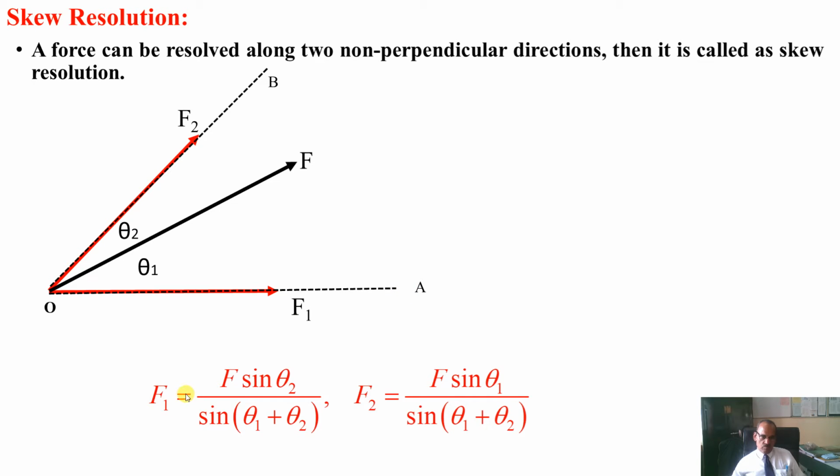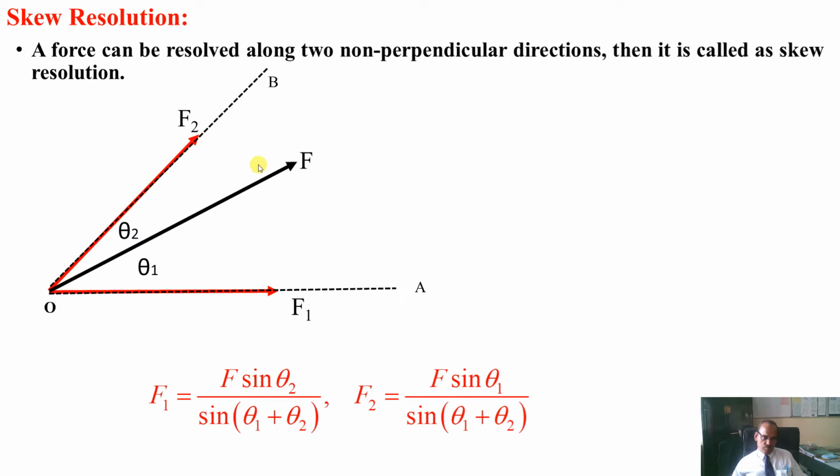So we'll write it like this: F1 will be equal to F, the magnitude of the force, into sine theta 2, the opposite angle, divided by sine of theta 1 plus theta 2.